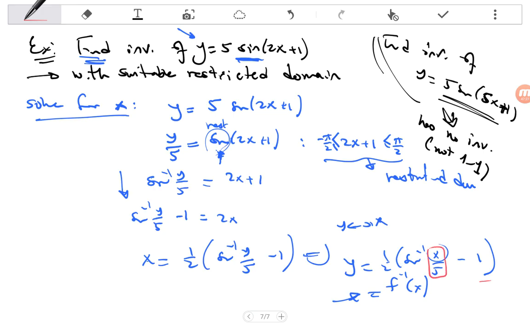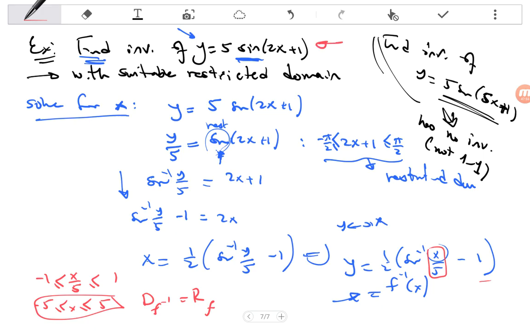I just have a restriction on the input of a sine inverse: it must be from negative 1 to 1. So x will be from negative 5 to 5. So that is the domain of the inverse, which is exactly the range of f.